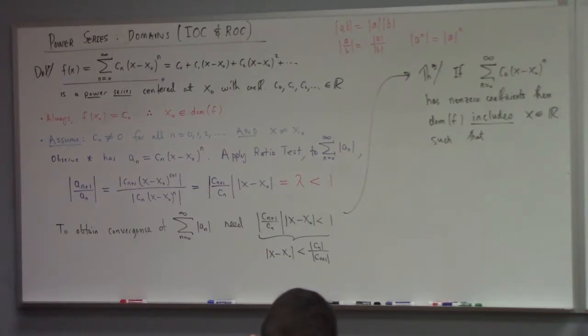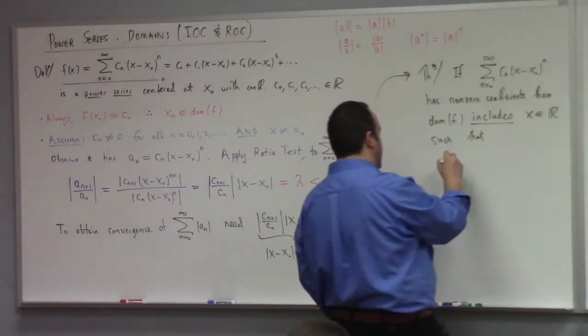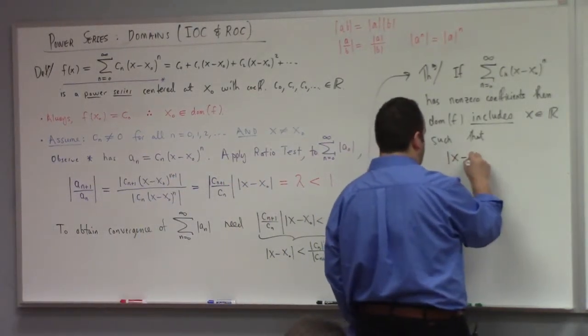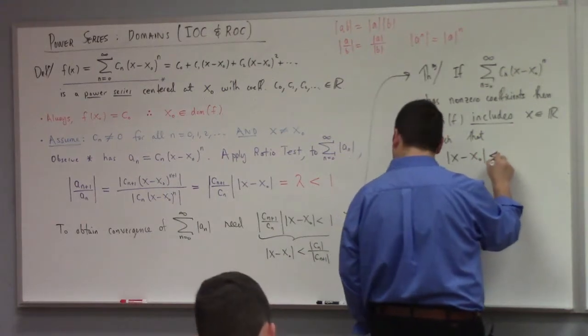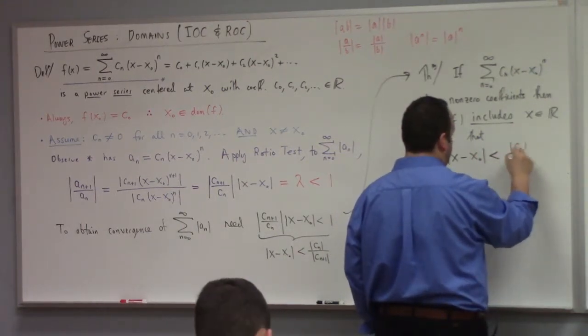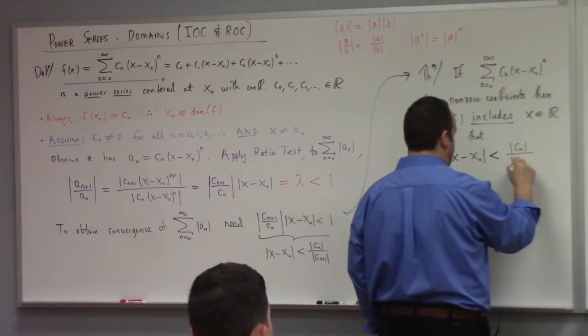I'm solving that inequality by multiplying by the reciprocal of the positive multiplier of the absolute value of x minus x naught on the left-hand side. The interesting thing is that the distance from x to x naught is less than the absolute value of Cn over the absolute value of Cn plus 1.